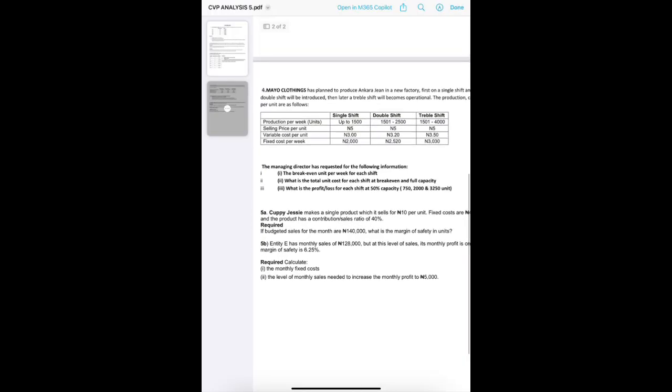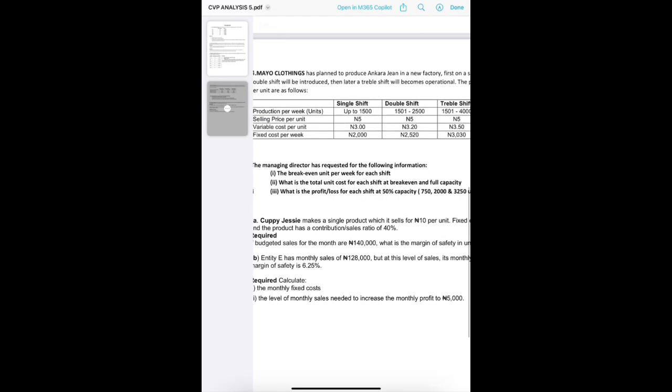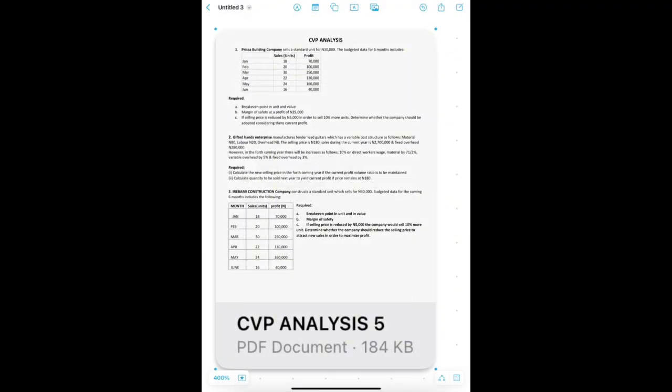First of all, you have to calculate your break-even in units per week, that is how many units you will sell each week such that you make no loss and no profit. That's what the question is asking. So we go to solving.